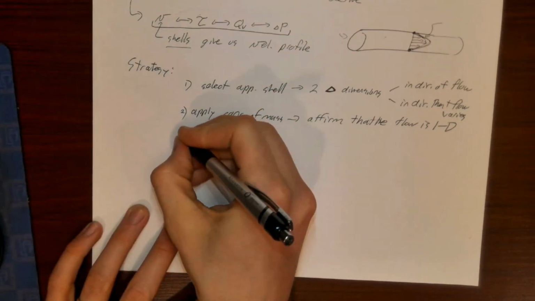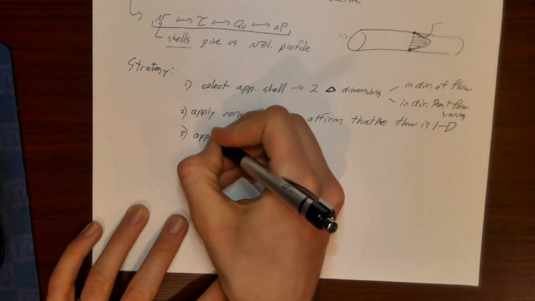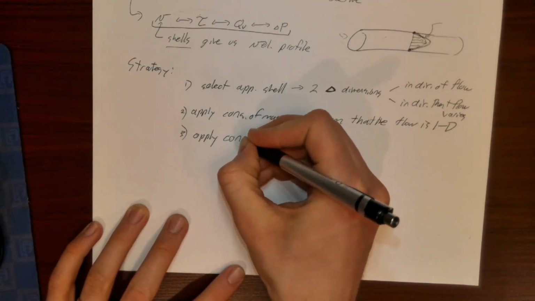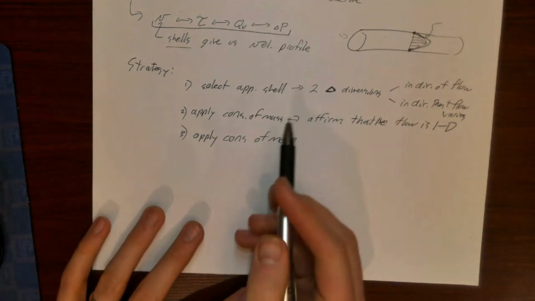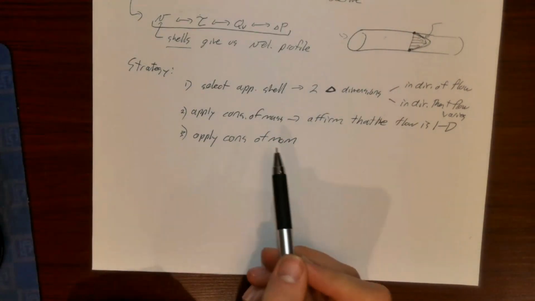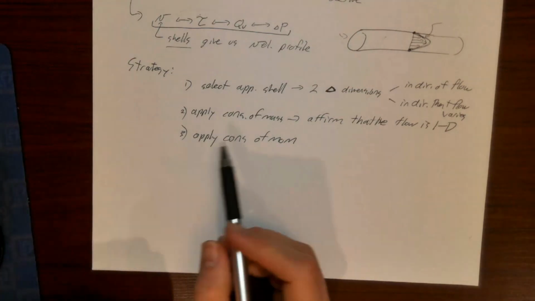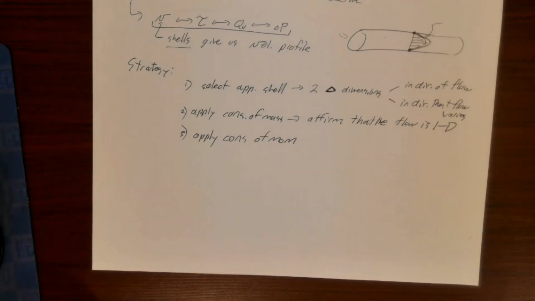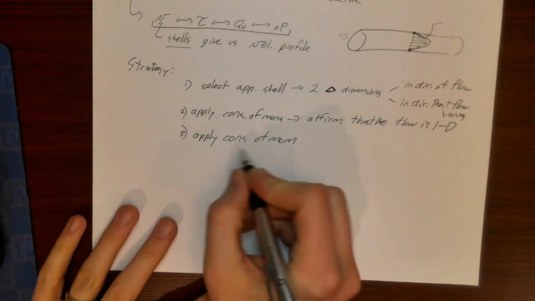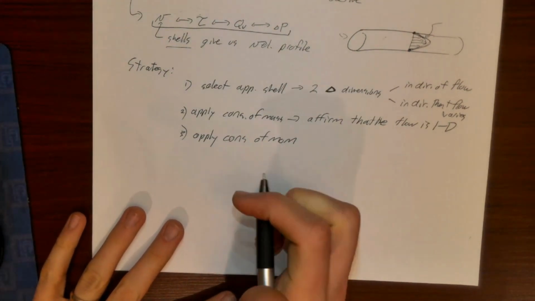After that, we're going to apply conservation of momentum. Sometimes we might need to apply conservation of momentum in multiple directions. We'll see how that turns out this time, whether we need just one conservation of momentum direction.